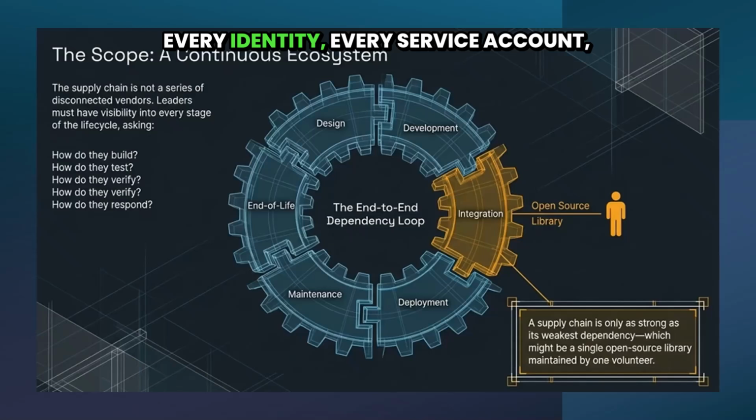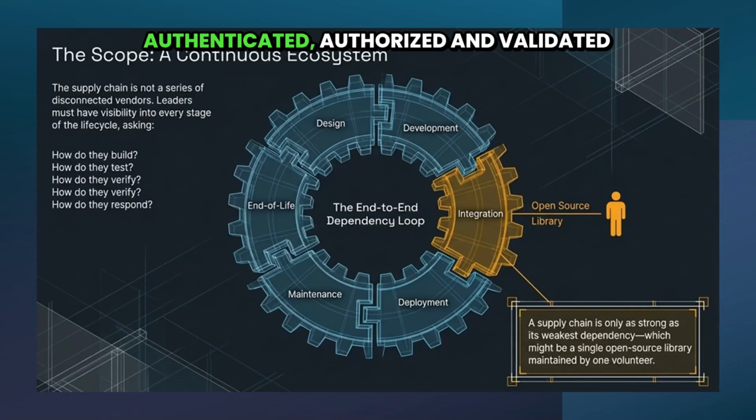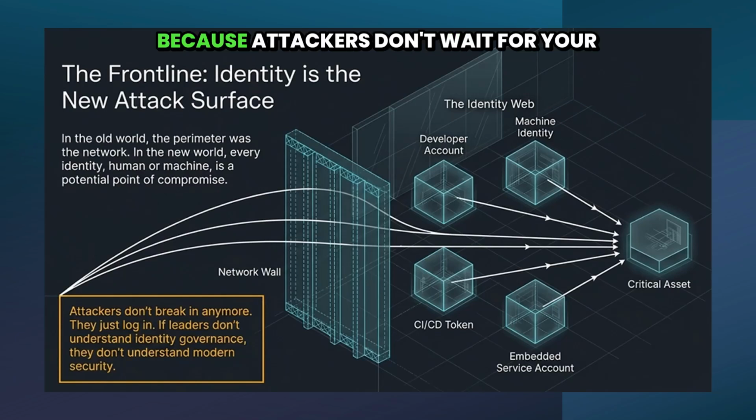Every identity, every service account, every API, every software component must be authenticated, authorized, and validated every time it interacts with your environment. This is not paranoia. This is maturity. Because attackers don't wait for your annual audit. They exploit the gap between your checks. Zero trust closes those gaps.